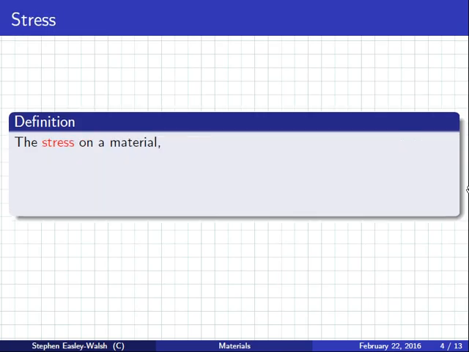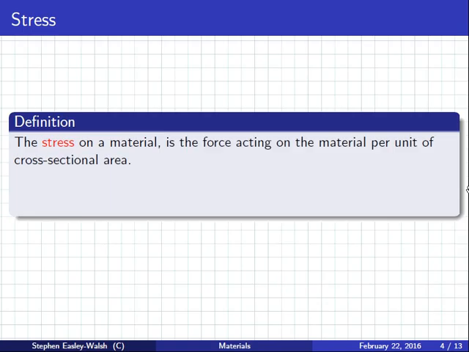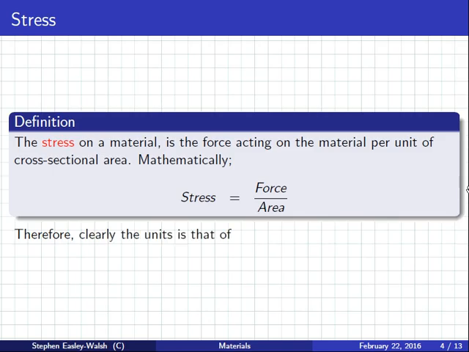So in physics we say the stress on a material is the force per area. So it's a lot like a pressure. As a formula, the stress is force over area. Therefore, what's the unit for stress? Pascals, yeah. Newton per meter squared.